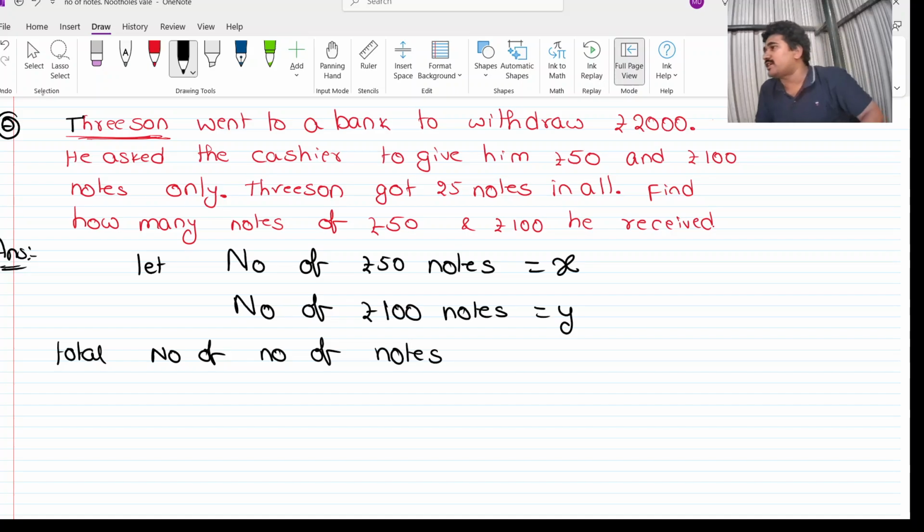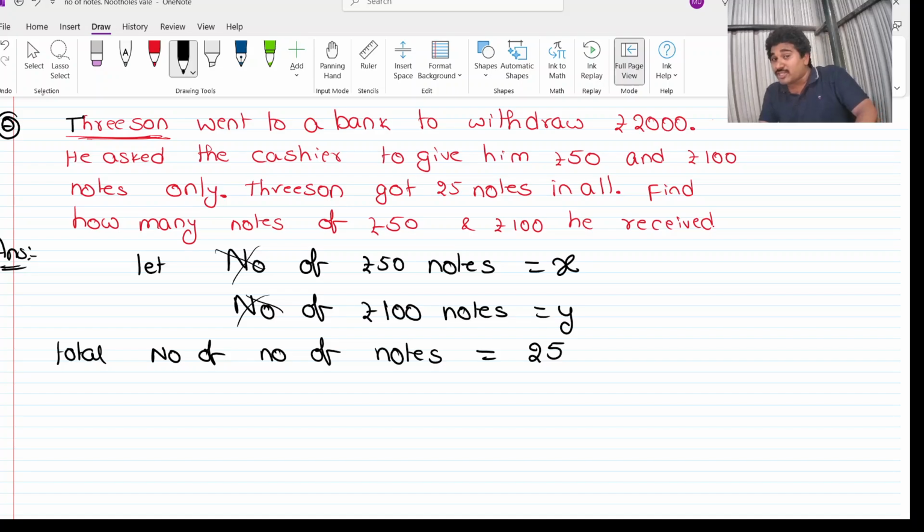And one thing you should avoid is writing "no." Don't write that. Write the full name. Otherwise they will cut and give no marks. Understand? Number of notes is equal to 25, as given in the question, right? Yes or no, Trishan? 25 you got it right? Yes.